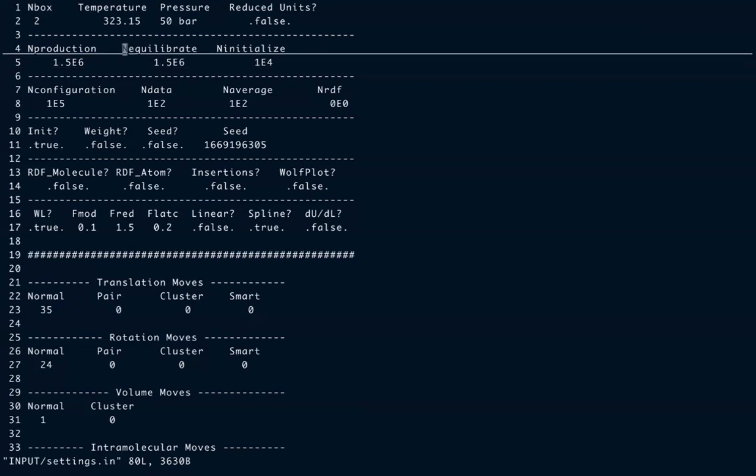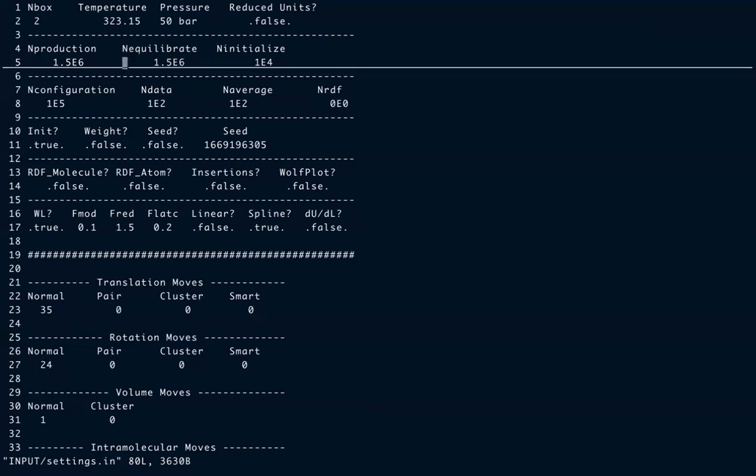And then we specify something called the equilibration cycle. During the equilibration cycles, the probability of lambda, or the weight function, is built up, and it roughly takes around 1.5 E6 cycles. So that's the number of cycles in which we allow the system to build a weight function.